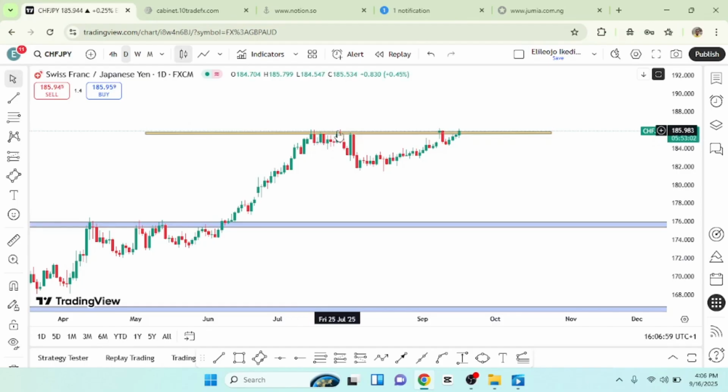And then again around July 25th, 2025. And then again on July 30th, 2025. And then tested again September 2025. From July to September is what? 2 months, right? So this level has only been tested for 2 months.